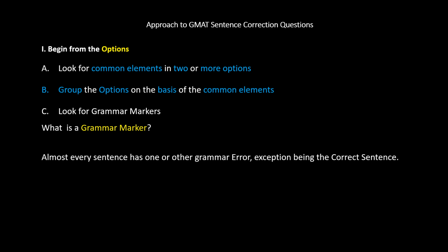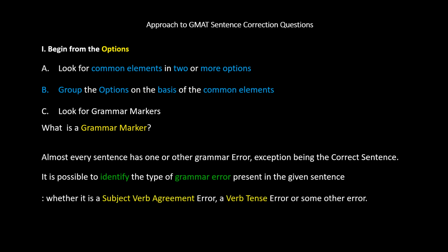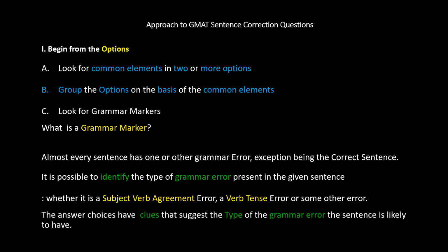The answer choices have clues that suggest the type of the grammar error the sentence is likely to have. These clues are called grammar markers. Now, let me explain how to apply these techniques to the official GMAT sentence correction question.